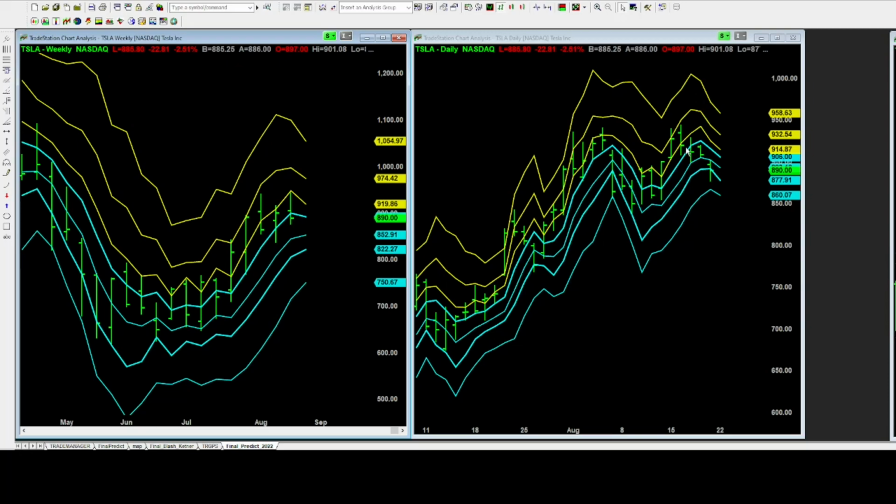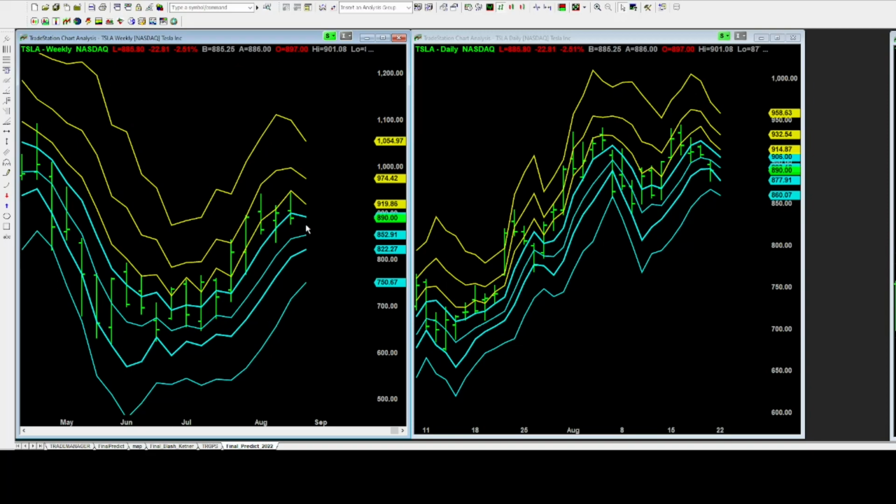So many people will be interested in what will happen for the next week for Tesla. Today is August 21st. So for the coming week, August 22nd to August 26th, the weekly fluctuation range is expected to be in this range.